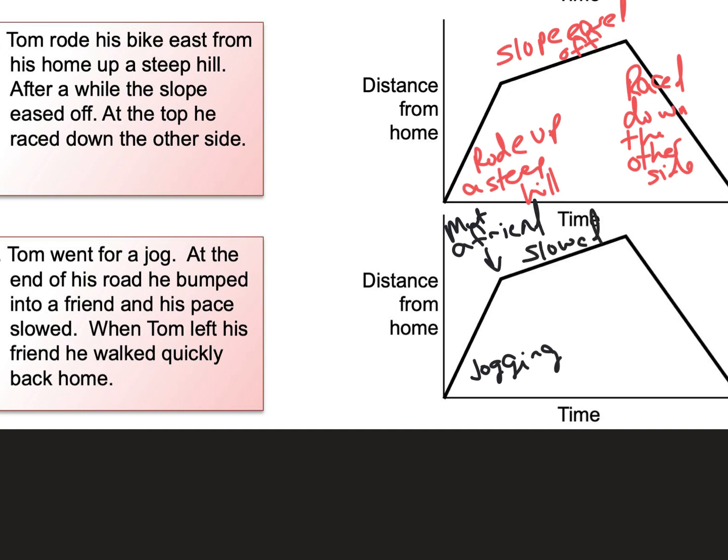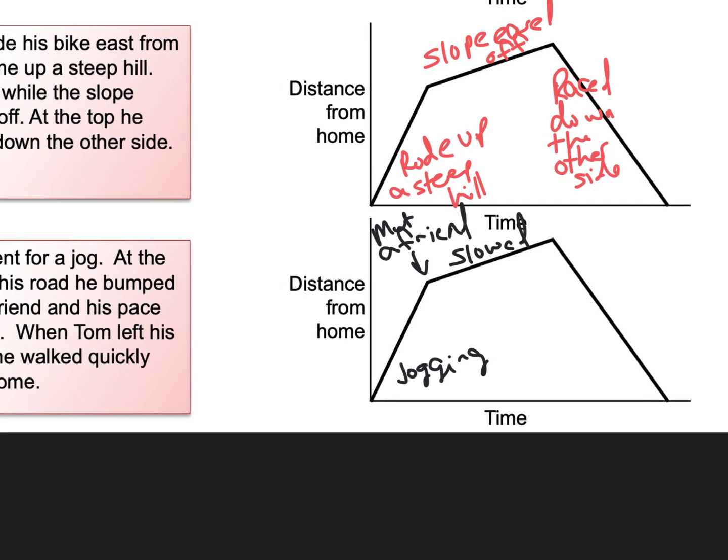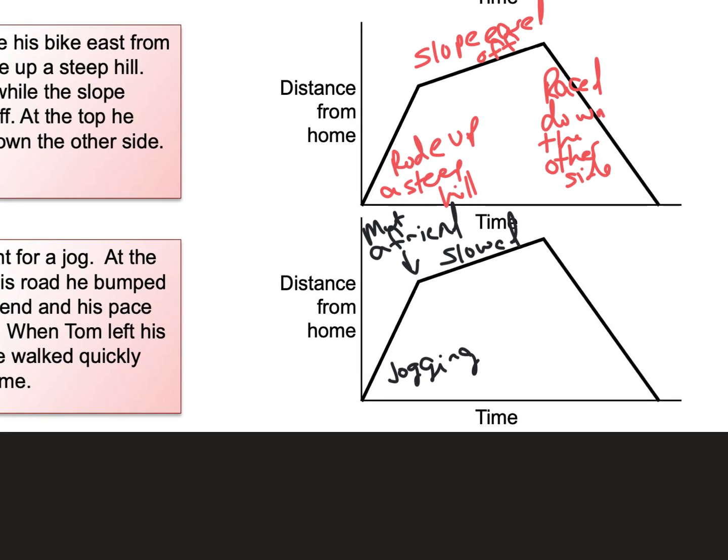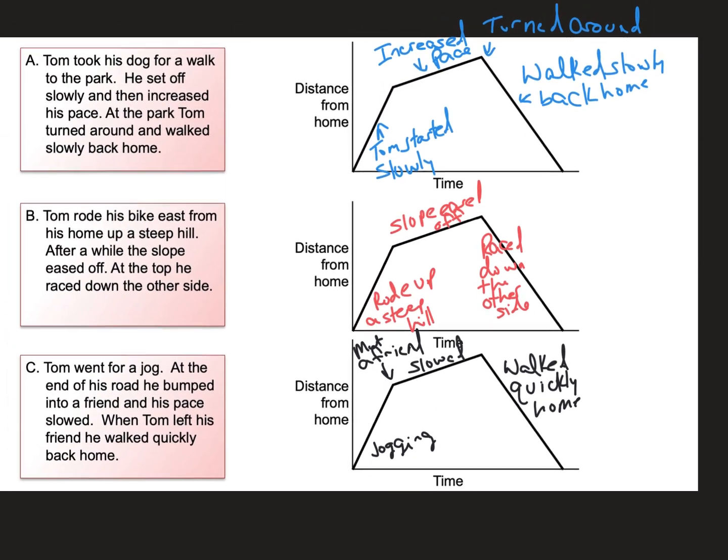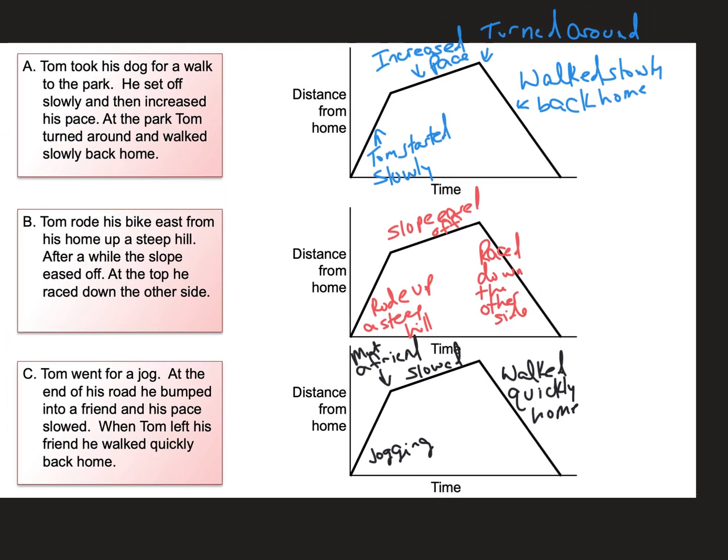And then when he left his friend, he walked quickly home. So then over here would be walked quickly home. Which one of these do we think is the best fit for the actual graph?